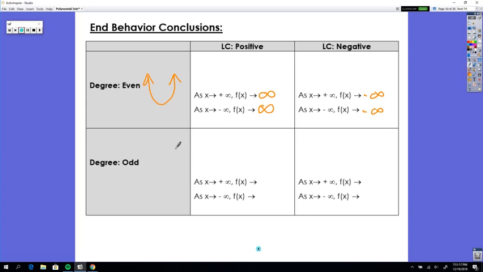Now, when our degree is odd, think about our cubic function. They're going to go in different directions. When a degree is odd and the leading coefficient is positive, positive will go with positive and negative will go with negative. When our degree is odd and our leading coefficient is negative, it is the opposite.